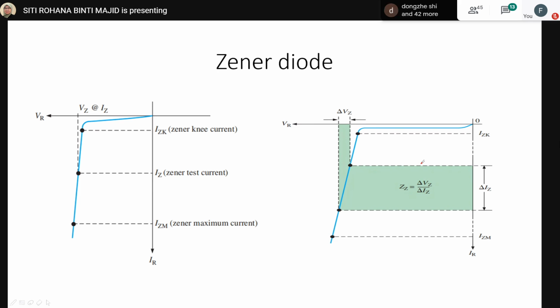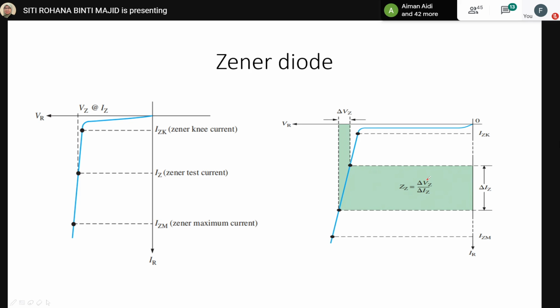If we have a delta Iz on the current axis and a delta Vz on the voltage axis, the ratio of delta Vz to delta Iz we call the impedance. You can use this equation to calculate the impedance of a Zener diode.